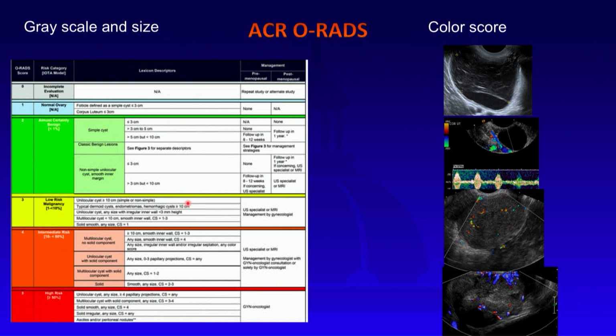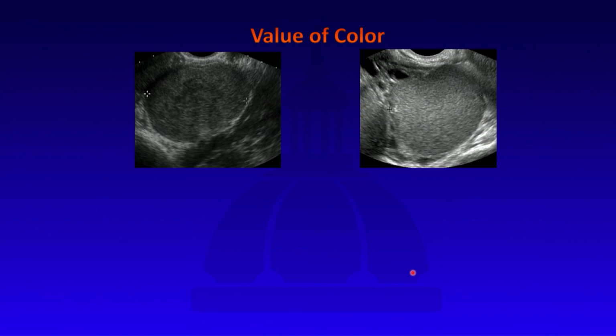What it takes into consideration is the grayscale appearance of the mass, with very precise descriptors that you can read or look up on your app, in addition to size, and in addition to a color score, which goes from 0, as in this hemorrhagic cyst, to 1, a little bit of flow, to 2 to 3. And of course, there is a higher risk category with each increasing color score.